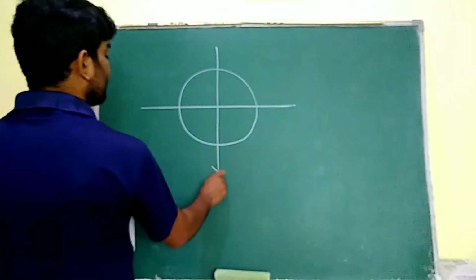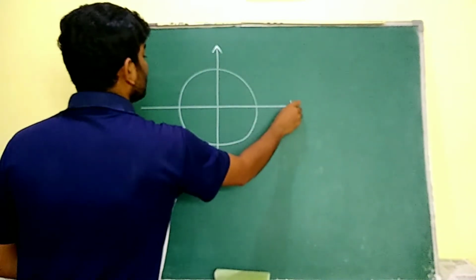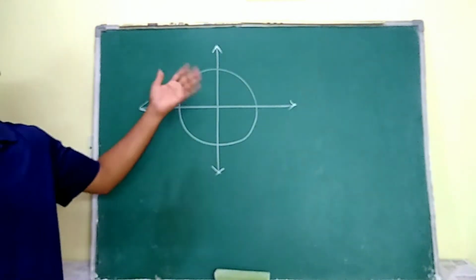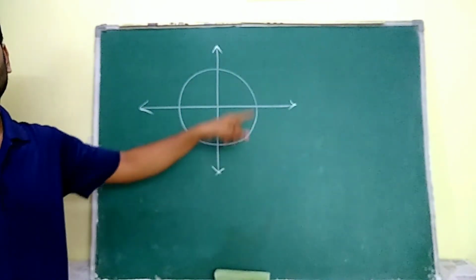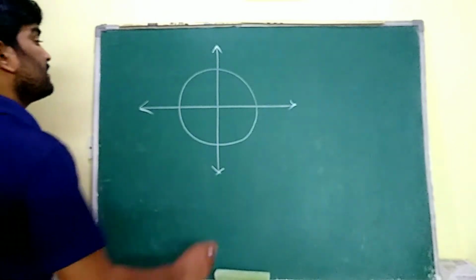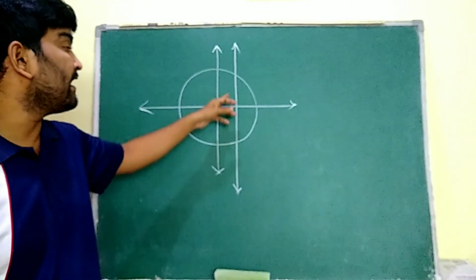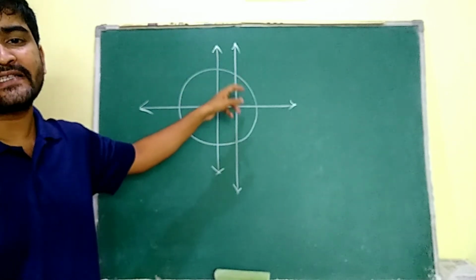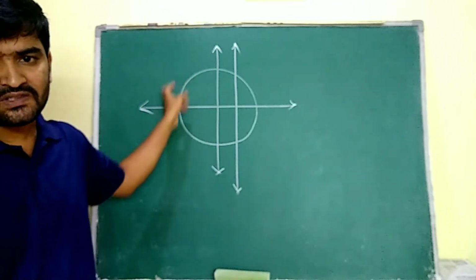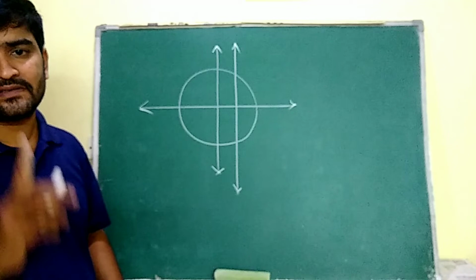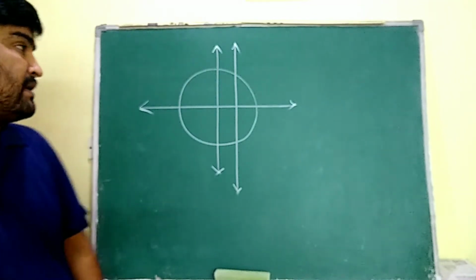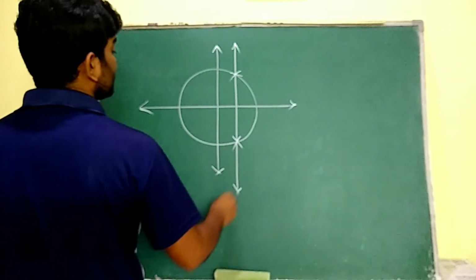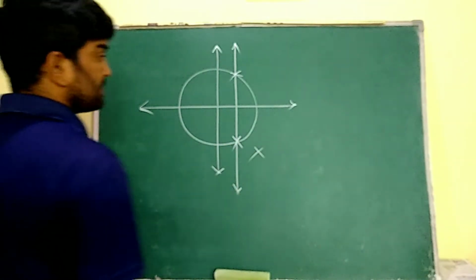To check whether it is a function or not, we have to draw a line parallel to the y-axis on the geometrical figure. If it intersects the geometric figure at one place, then it is a function, ma. But see, here it intersects in two different places. So that's why it's not a function.